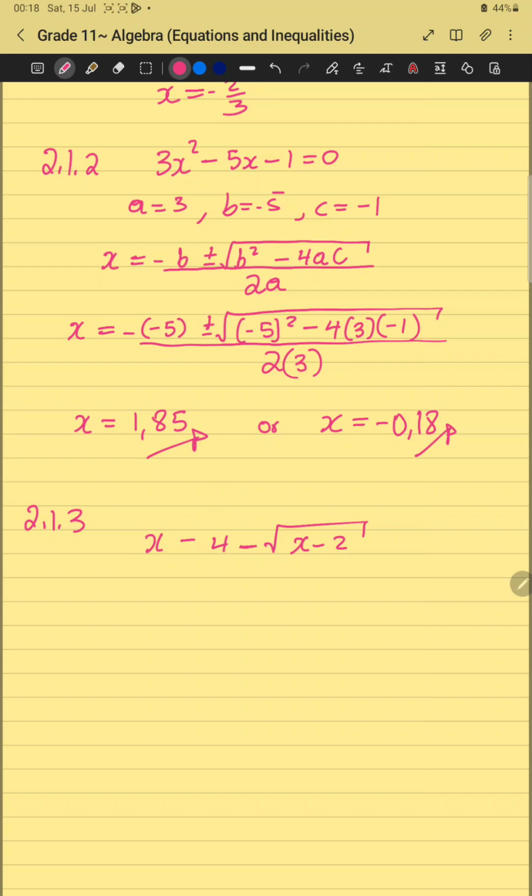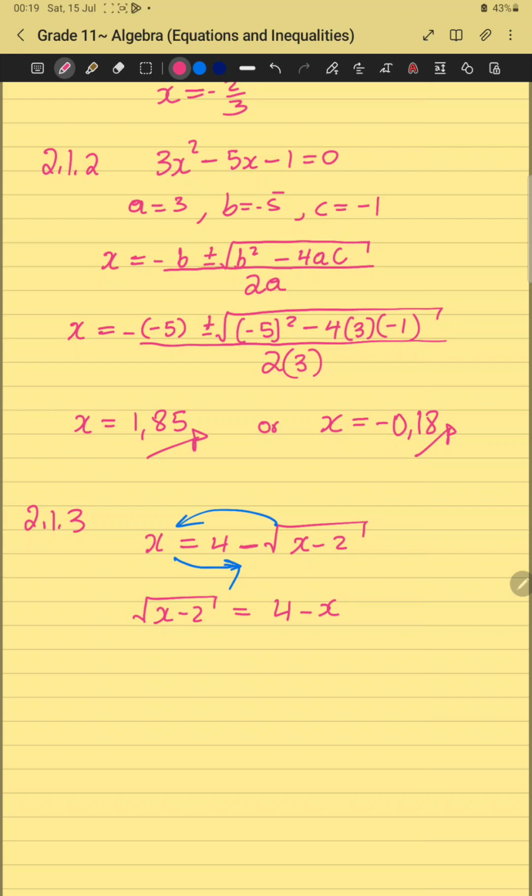So the sign of this negative sign is just the sign of this square bracket, which is the square root here. What we're going to do is transpose these brackets with a negative sign to that side, and it will become positive, and then we take x to this side and x will become negative.